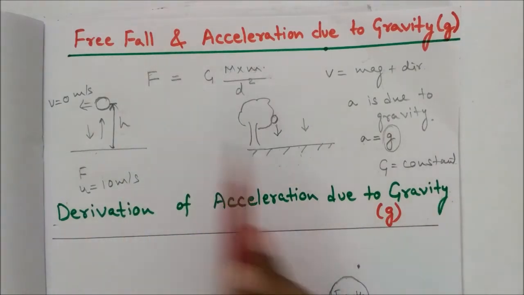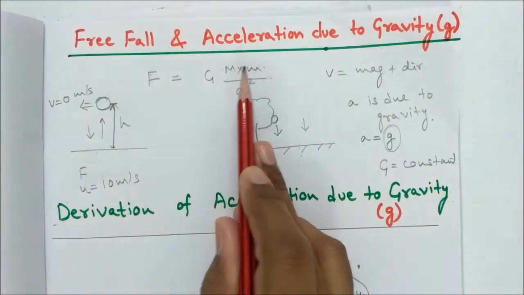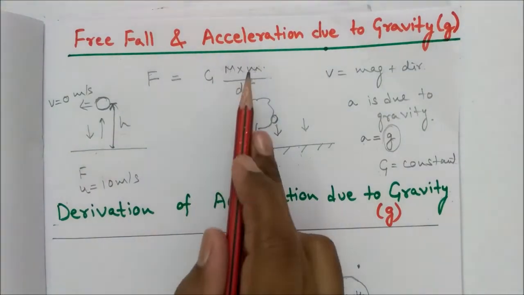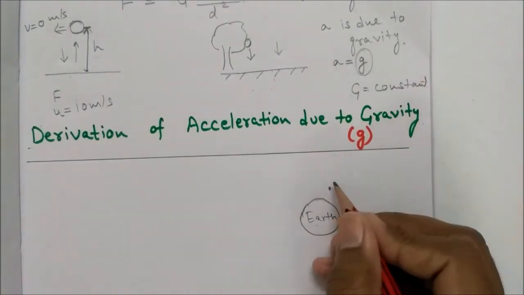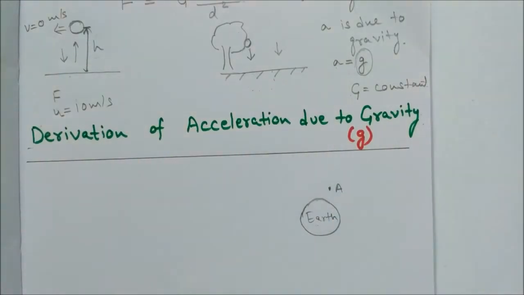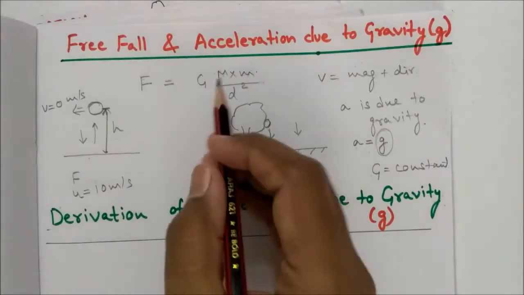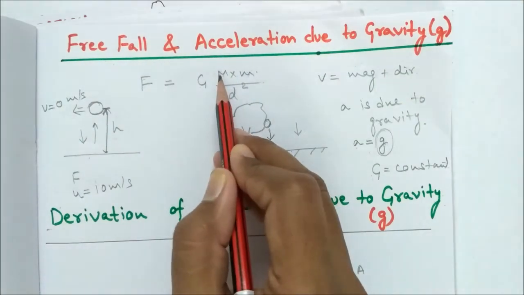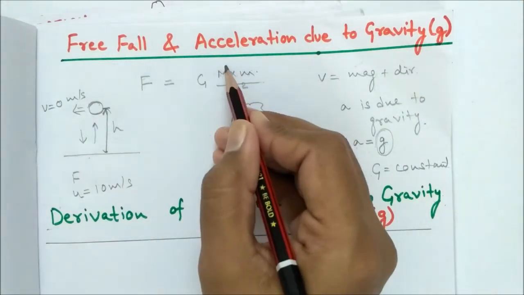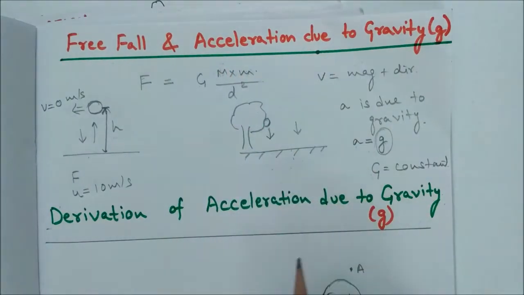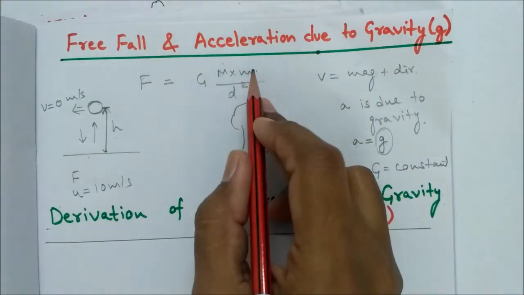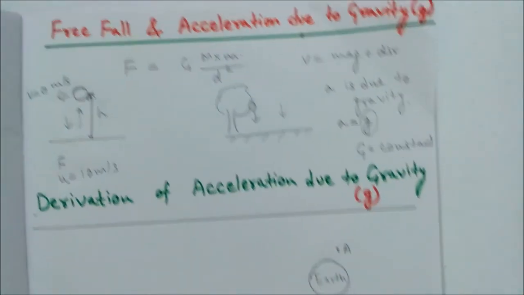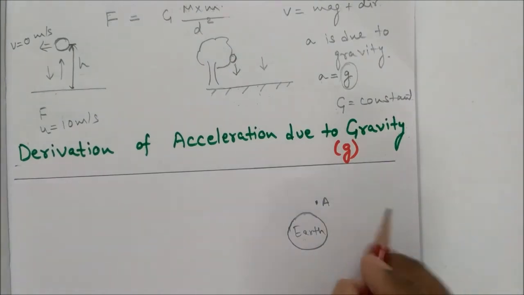So while considering gravity, I have to take one of the objects as the earth and another as an object. If I take one object as the earth, then I have to take one of the masses as the mass of the earth. So I'm taking capital M as the mass of the earth, and small m is the mass of the object that is above or on the surface of the earth or anywhere.